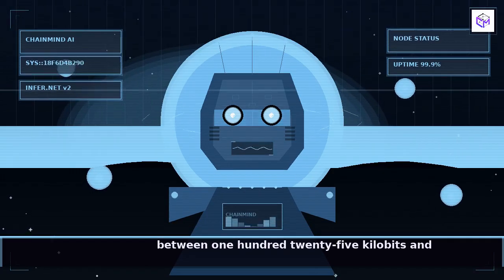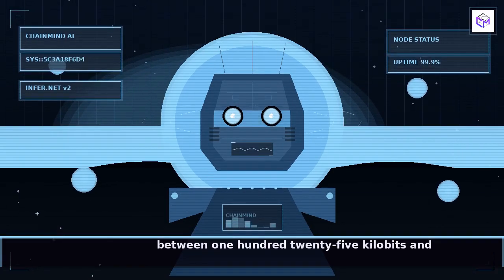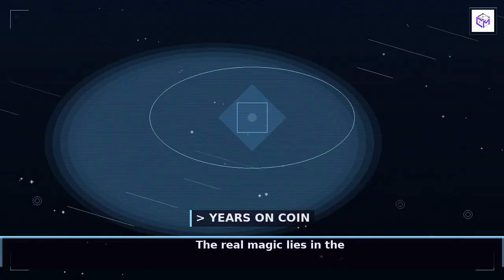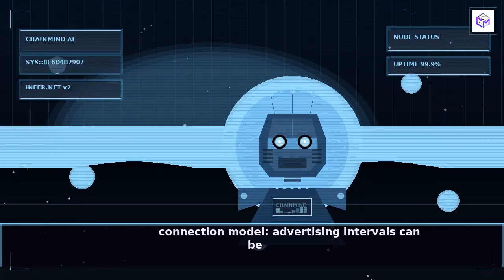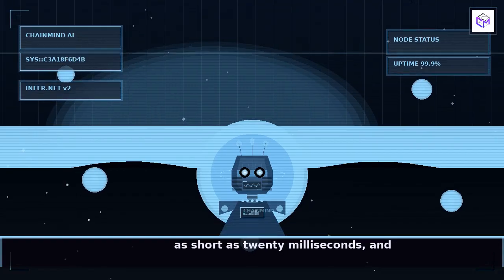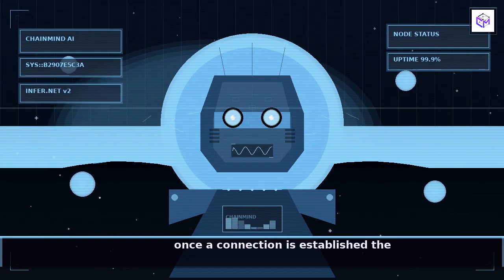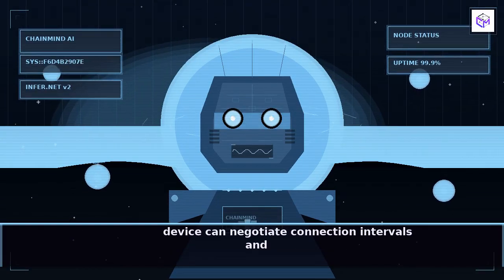Advertising intervals can be as short as 20 milliseconds, and once a connection is established, the device can negotiate connection intervals and slave latency that let the radio stay off for the majority of the time. That translates to idle currents measured in microamperes.